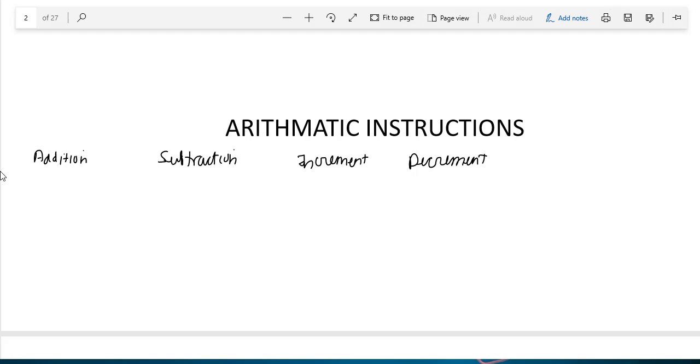In addition, we have the instruction ADD: ADD register, ADD memory, and ADI, add with immediate data.